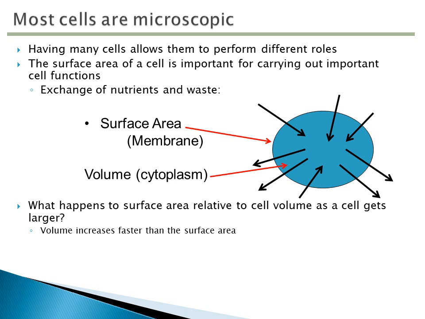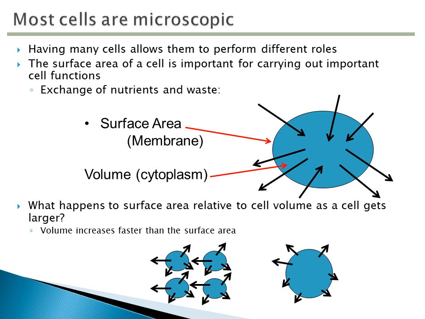So as a cell grows, it'll have more volume compared to the growth of that surface area. If we think these 4 blue circles represent 4 cells of equal total volume to that one larger cell, you should be able to see that the 4 cells have much more surface area than that one large cell, even though they're the same volume.